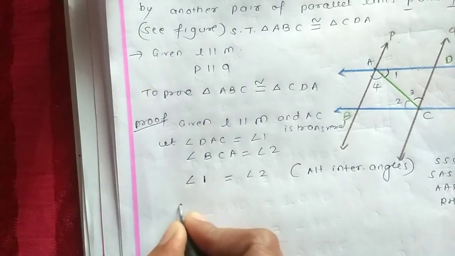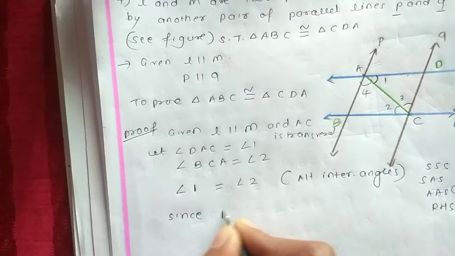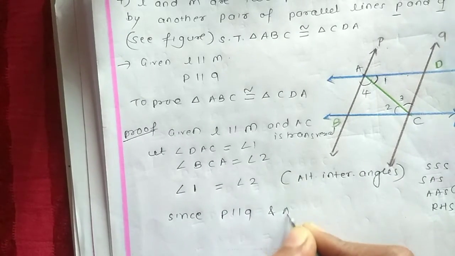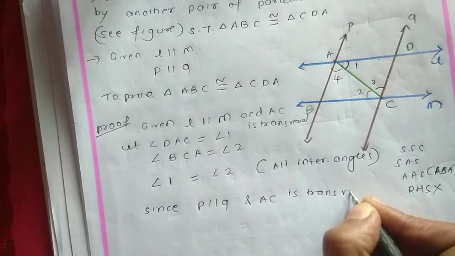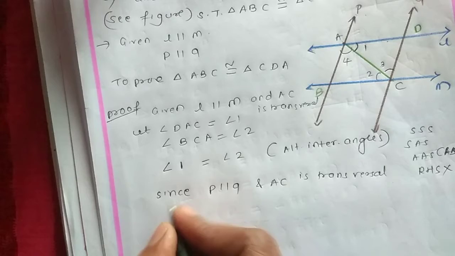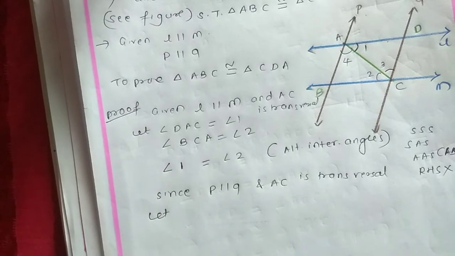So we will prove here again, since P is parallel to Q and AC is a transversal, and we will name these angles also.